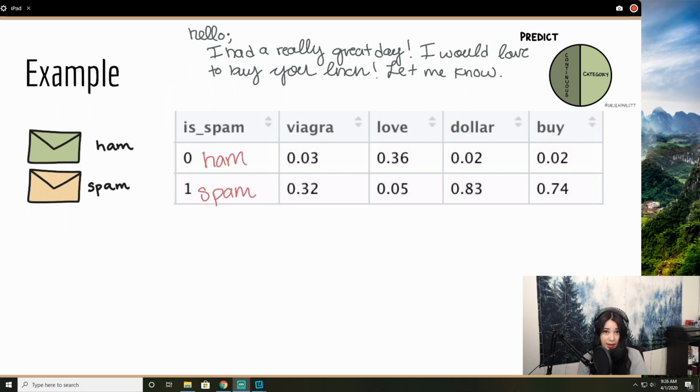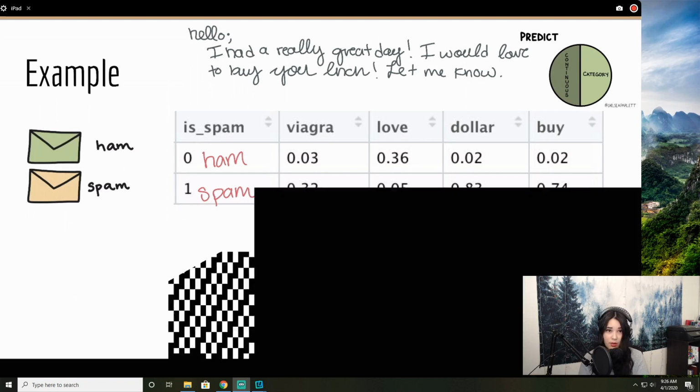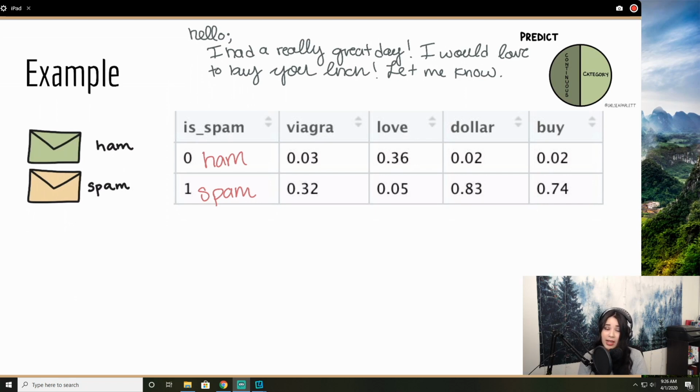So let's do the math to try and classify this email, which says, "Hello, I had a really great day. I would love to buy you lunch. Let me know." So the first thing that we have to do is calculate the probability that the email is a ham email. So I'll write that here, ham. Now, the first thing that we can do is multiply the probability that an email is a ham email.